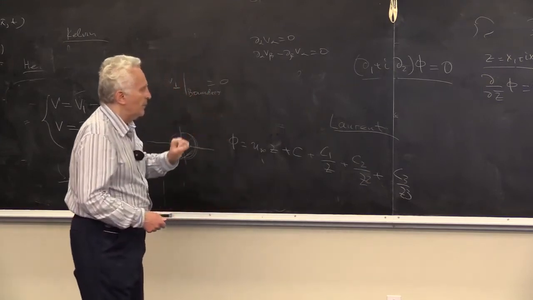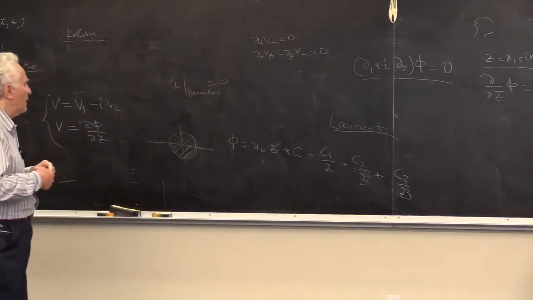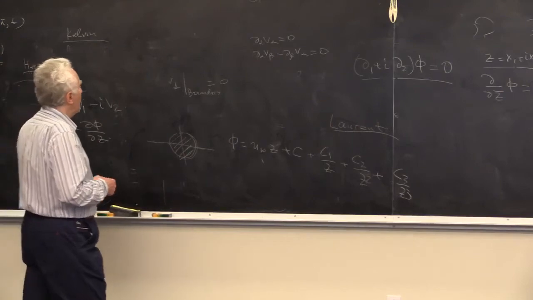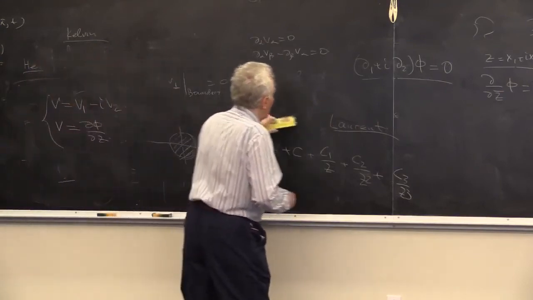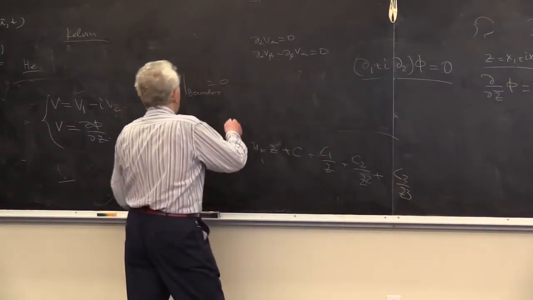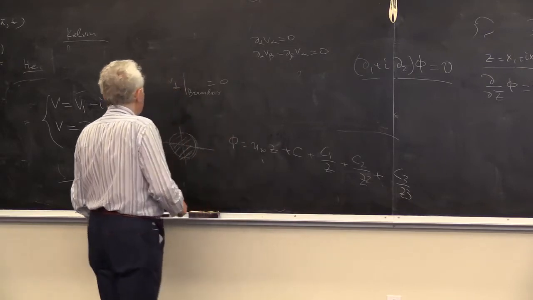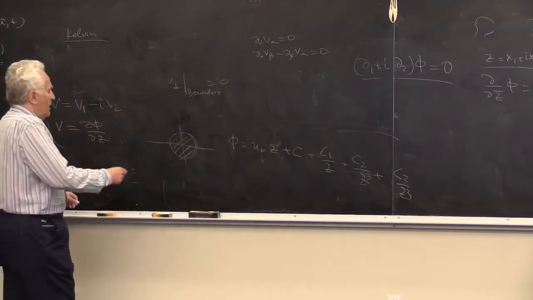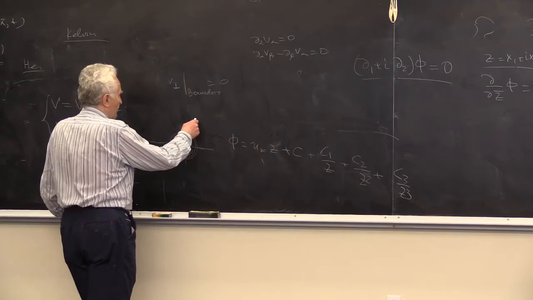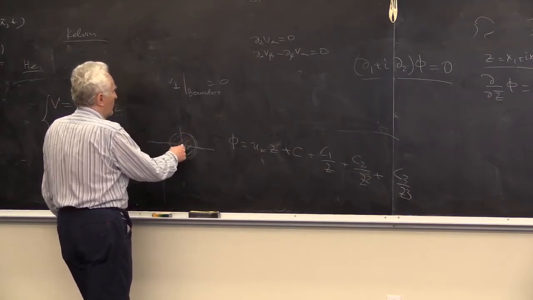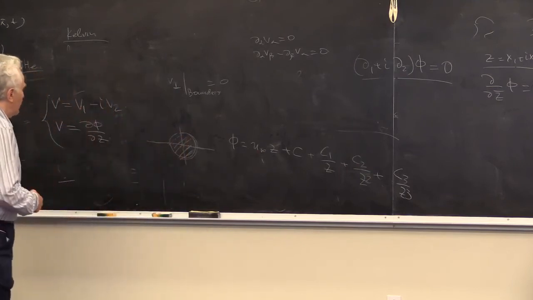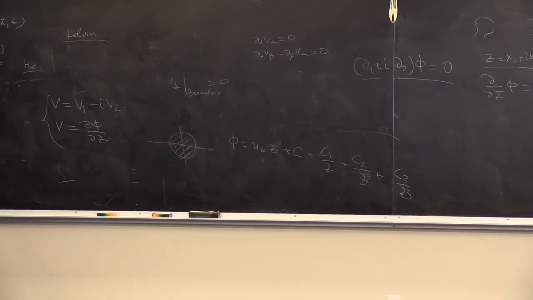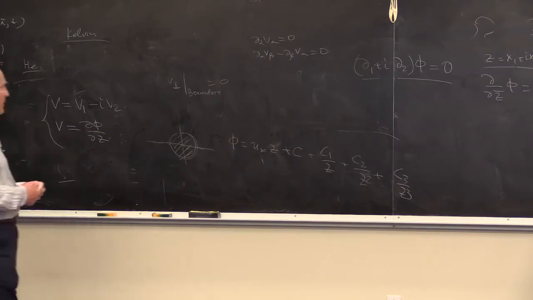But for the ideal fluid, it's like that. And it's very easy to write it down in terms of complex potential, because it simply means that the radial component of the velocity is 0.